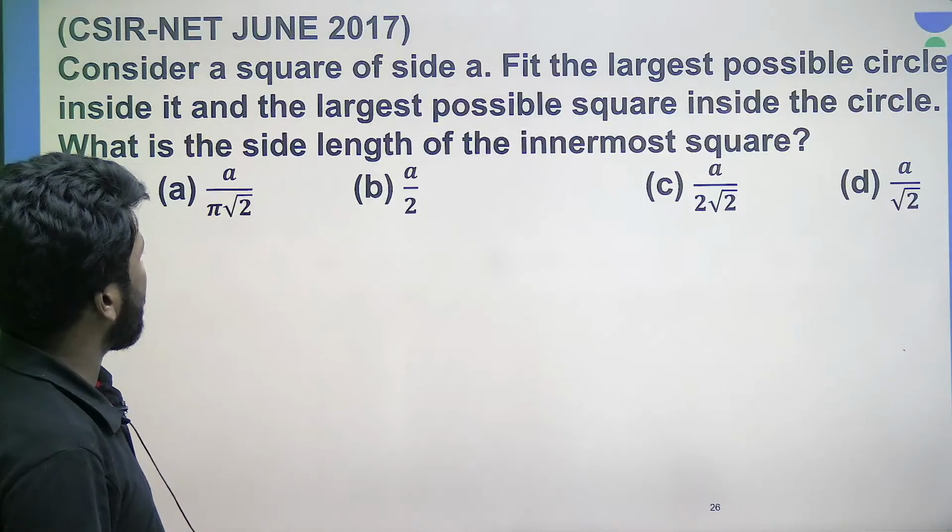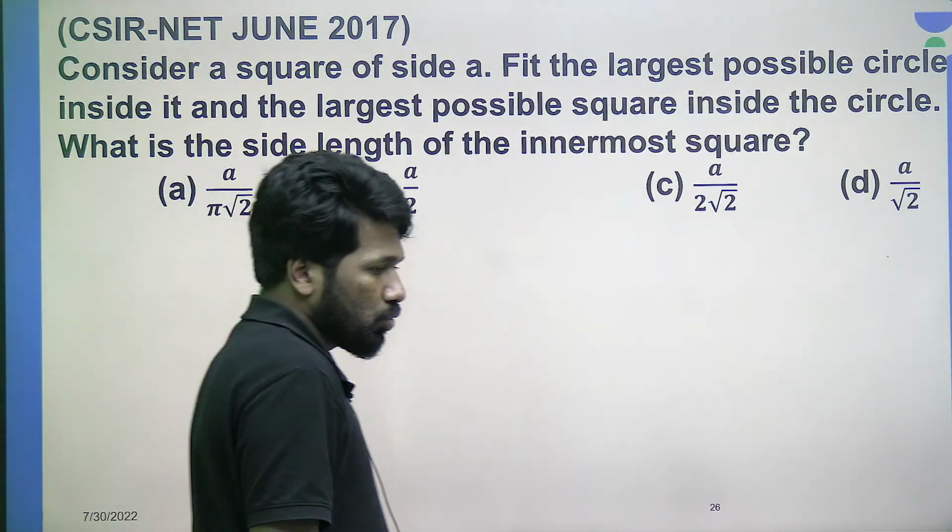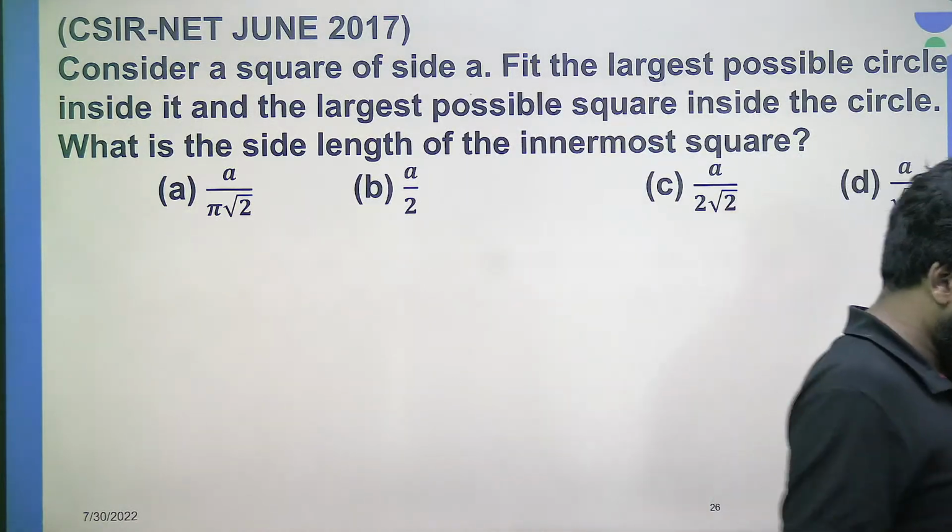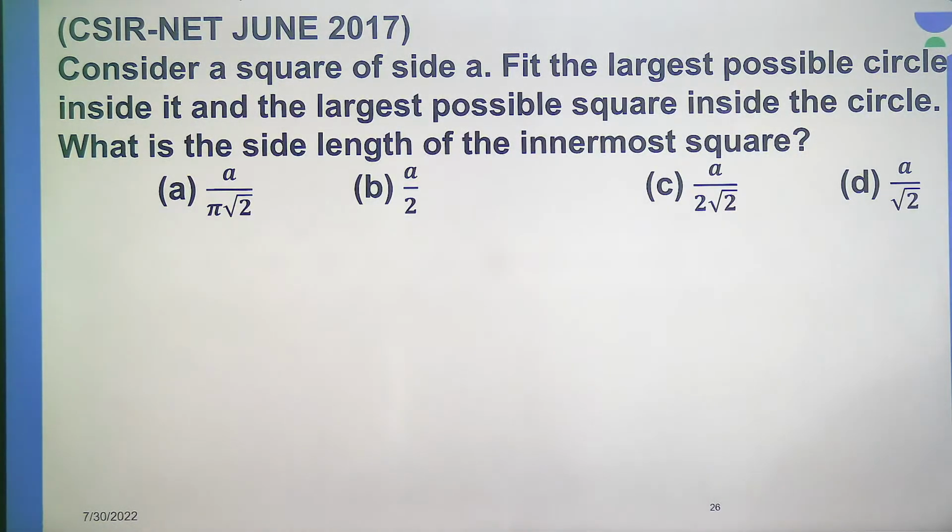And I will show you another variation of this question. Try this question, June 2017 problem. Make a try, all of you. Draw the picture, then it will be clear.